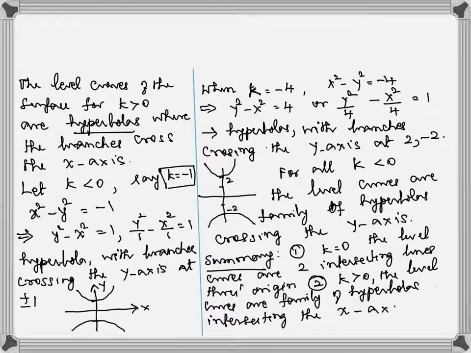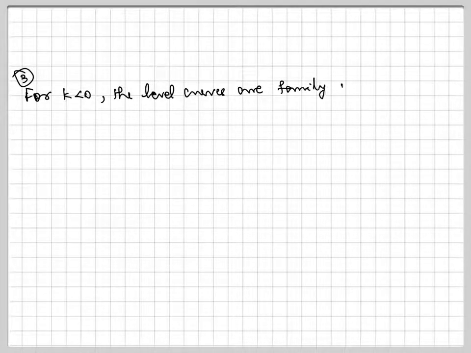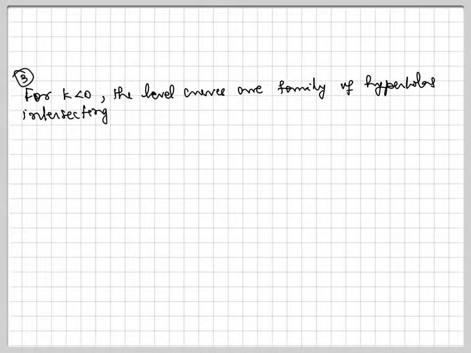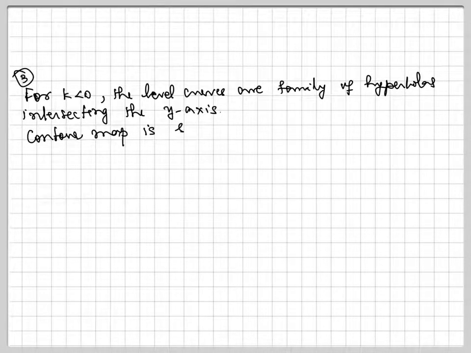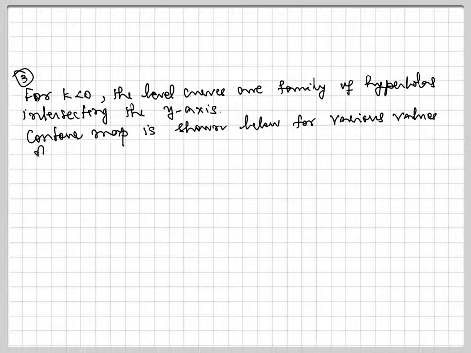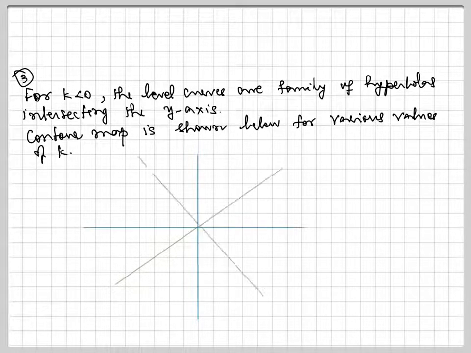When k is less than 0, the level curves are hyperbolas where the branches cross the y-axis. The contour map is shown below, which are projections of the level curves on the xy plane. So that is what we are going to show here.